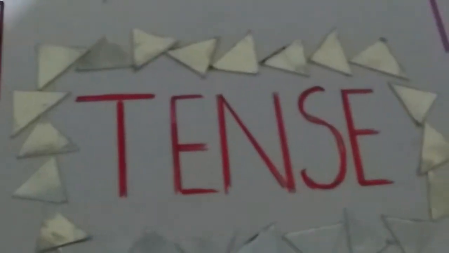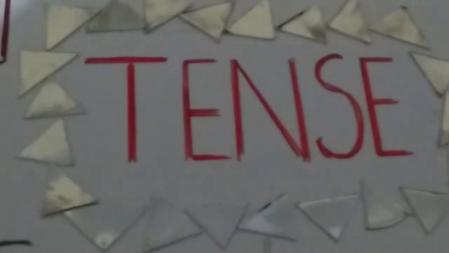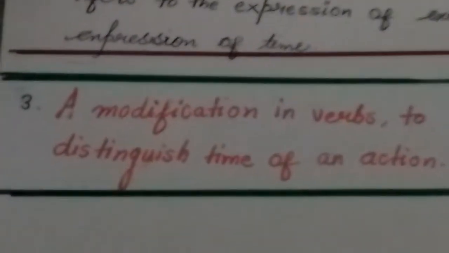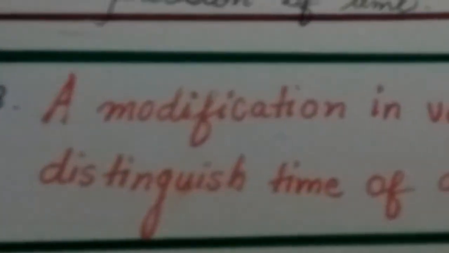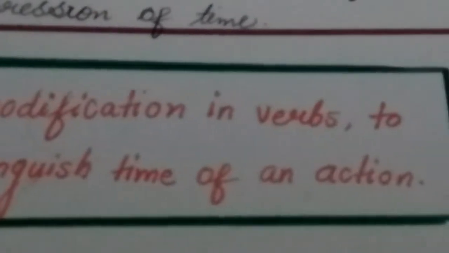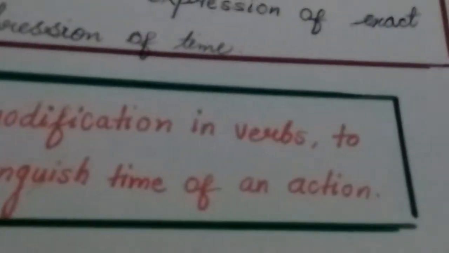Let us try to go deeper into the meaning. A modification in verbs to distinguish the time of an action. Thus, tense also stands for a modification in words. A modification in verbs to distinguish the time of an action.